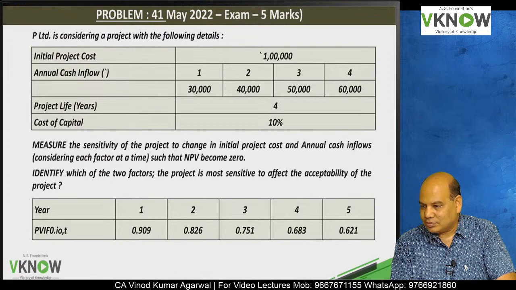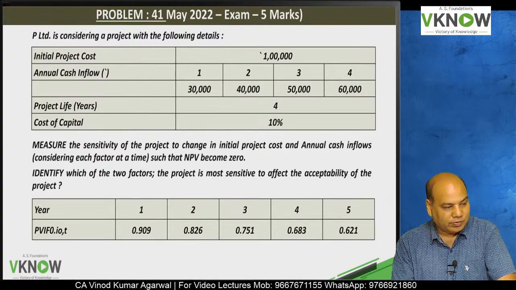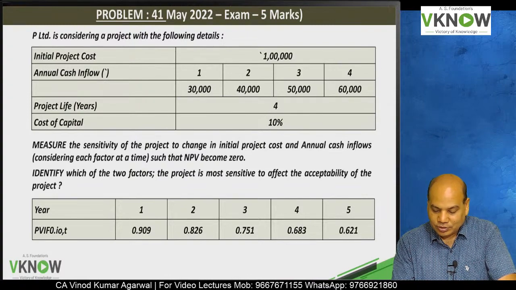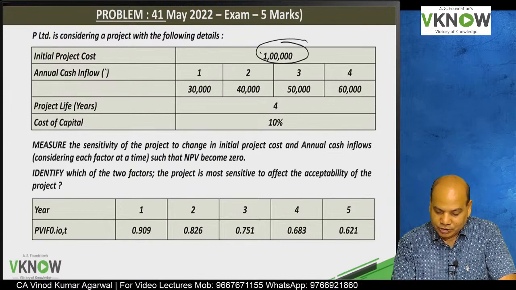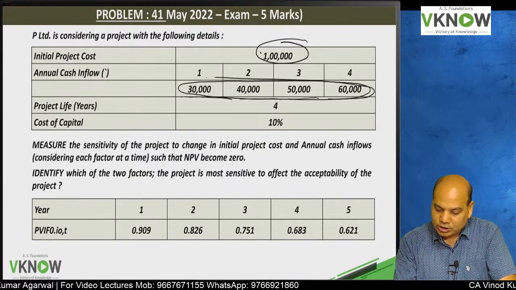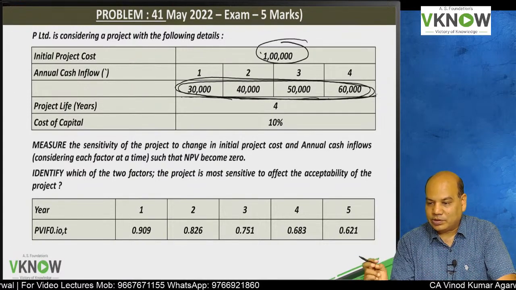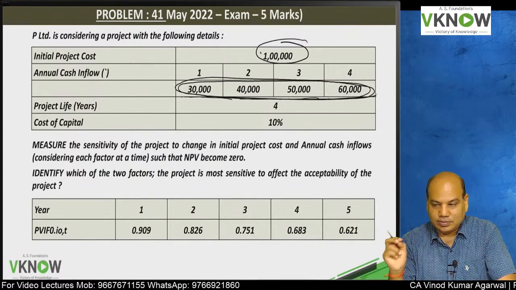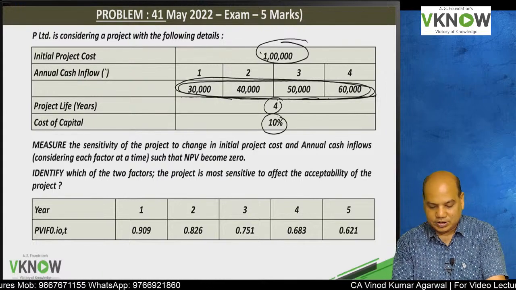5 marks question. P Limited is considering a project with the following details. Initial project cost 1 lakh. Annual cash inflows are different in different years, so I need to compute their present value, and then NPV divided by present value of cash inflow will give me sensitivity percentage. Life of the project 4 years, cost of capital 10%.